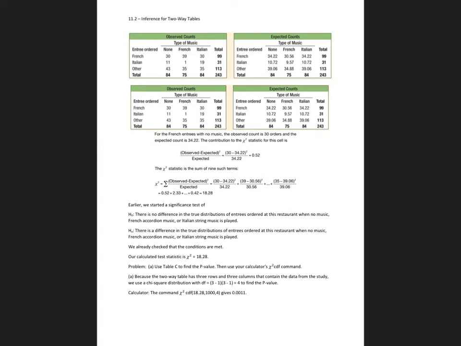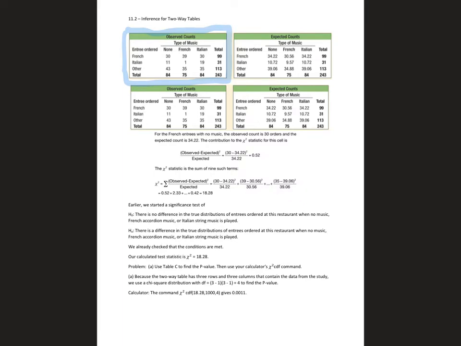So just looking at this problem, talking about the types of music, we had our observed counts. This was our starting block. Those were my observed counts. And then I wanted to find the expected counts. So if you look, the French entree with no music, it's 30 orders, and the expected count is 34.22.